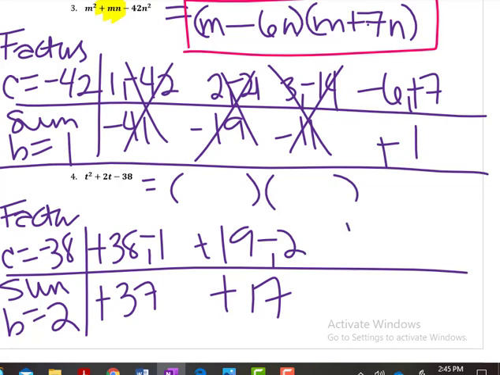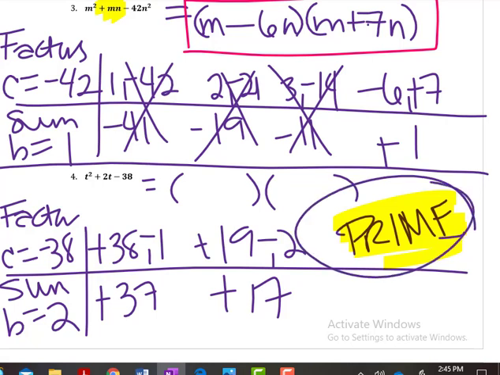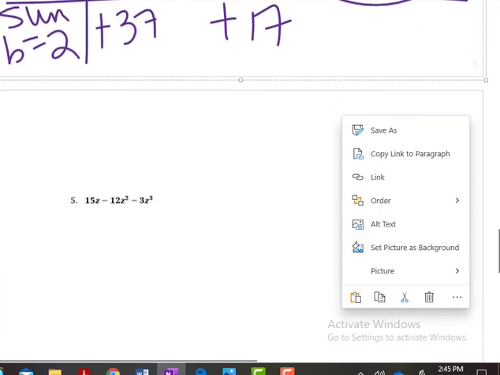So with this one, there is no factorization, and we would say that it is prime. So we need to write prime. There's nothing else to really write here, but I have to write prime. I have to circle prime because you cannot factor it. You cannot even take out a greatest common factor.